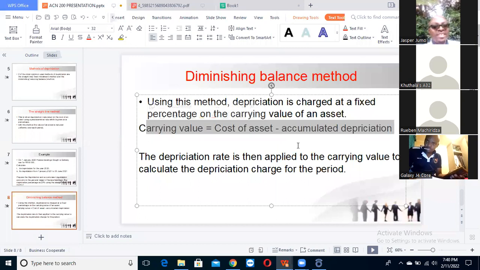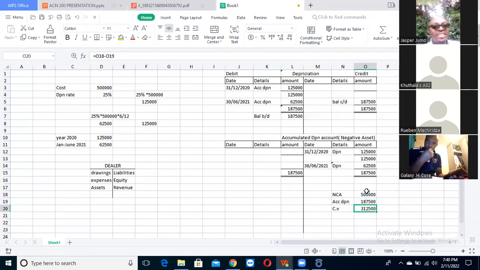So when you subtract the accumulated depreciation from the cost of the asset, then you apply the depreciation rate. That is the reducing balance method. So you will see that if you say cost of an asset, you subtract the accumulated depreciation. What is left as the value of your asset is less than what was its cost. Suppose here our cost was 500,000, and now it's 312,500, the carrying value.